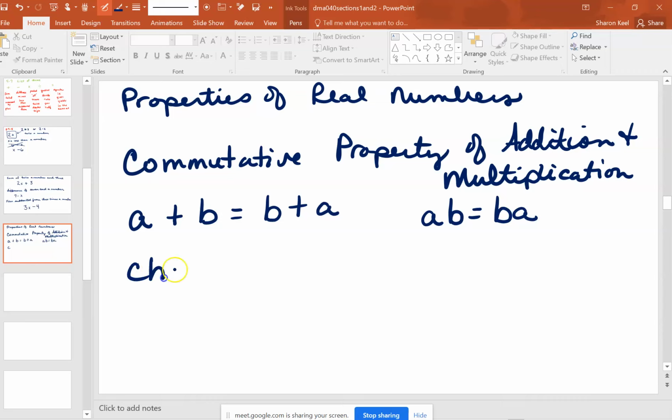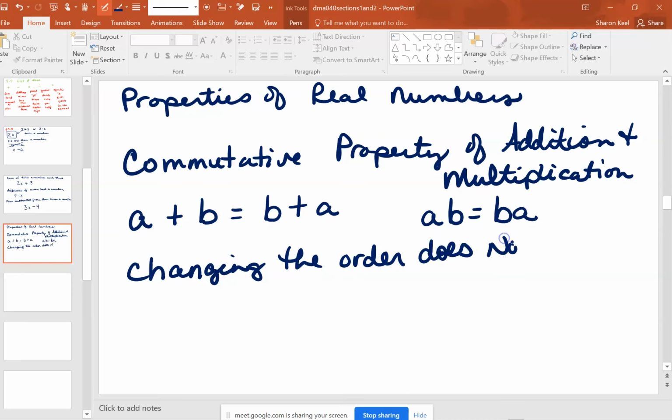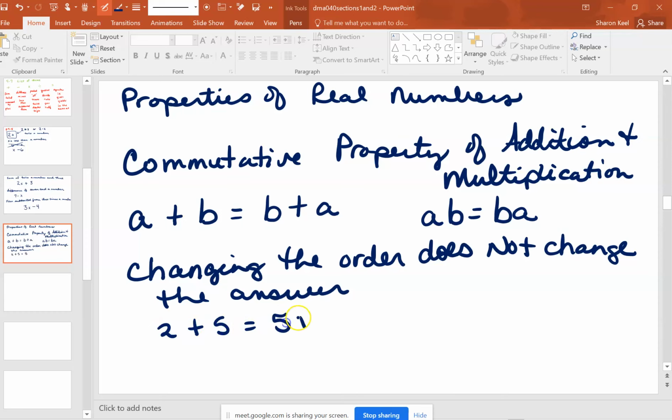So in this case, what it means is changing the order does not change the answer. So let me give you an example. If we have 2 plus 5 or 5 plus 2, 2 plus 5 is 7, 5 plus 2 is 7. We still have the same value.